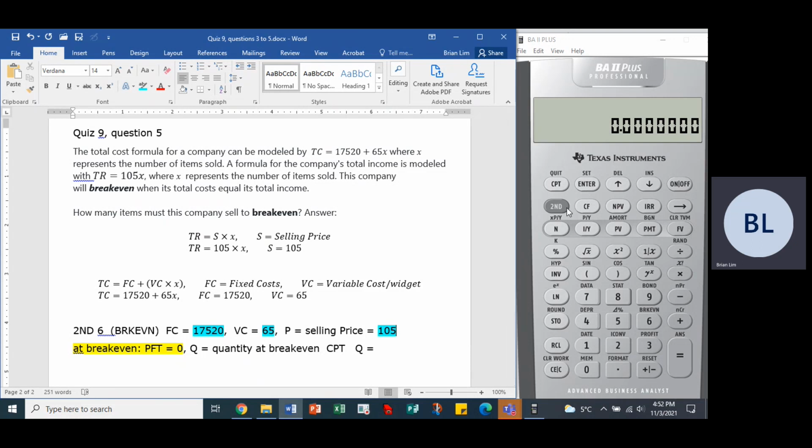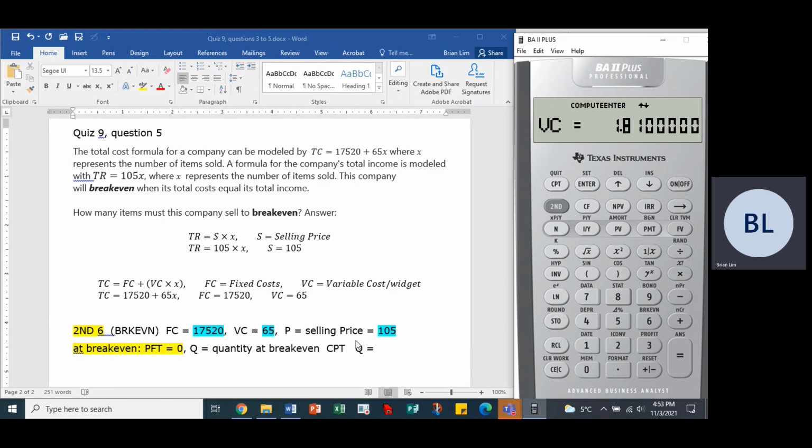So let's go. We follow the instructions, second 6, that will get us into the break even mode. The fixed cost is 17520, and we enter it.